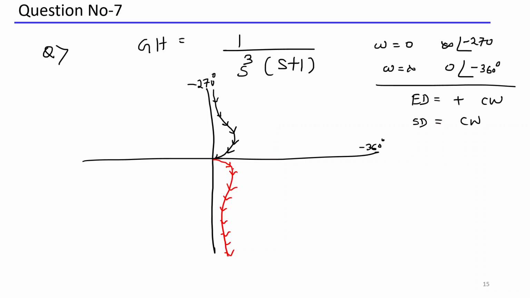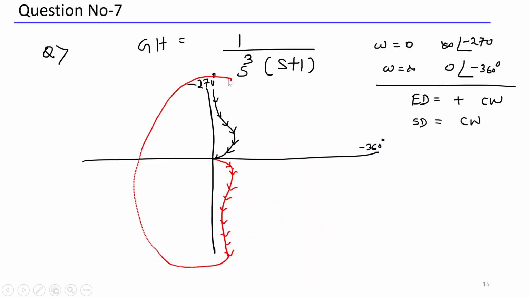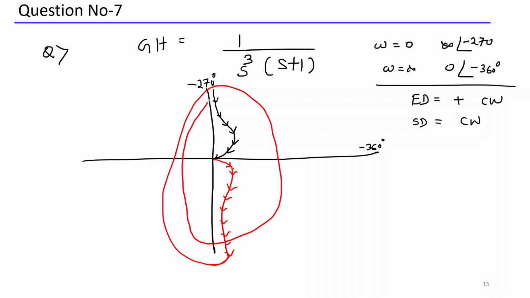So you have to start here. First make an infinite radius half circle complete, then another. You have to start here and make 1, then 2, then 3. Clear, sir.